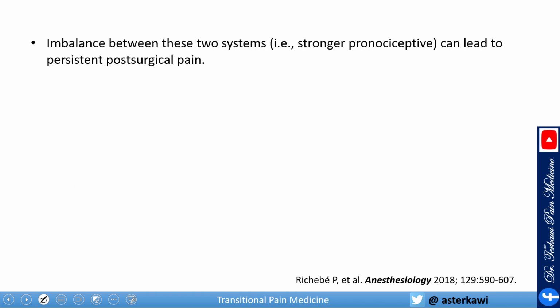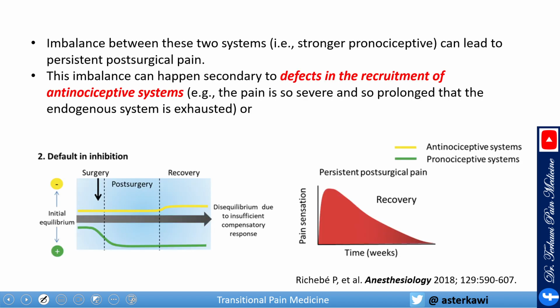That's normal. But any imbalance between these two systems, let's say you have a stronger pro-nociceptive system, can lead to persistent post-surgical pain. This imbalance can happen secondary to defects in the recruitment of the anti-nociceptive system. For example, the pain is so severe and so prolonged that the endogenous system is exhausted.